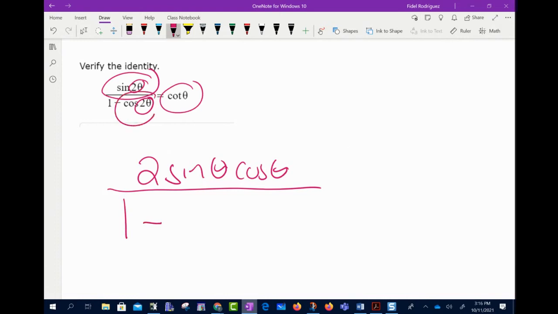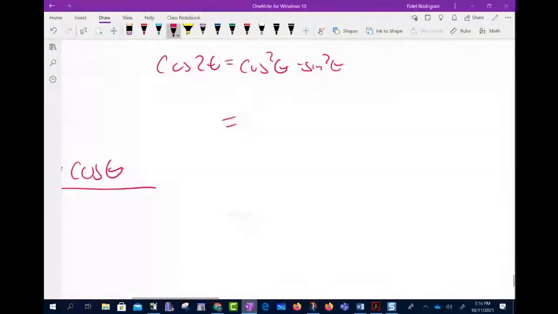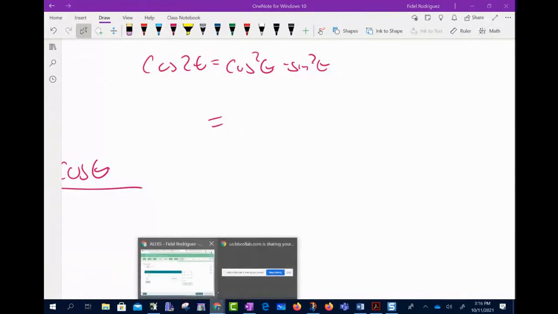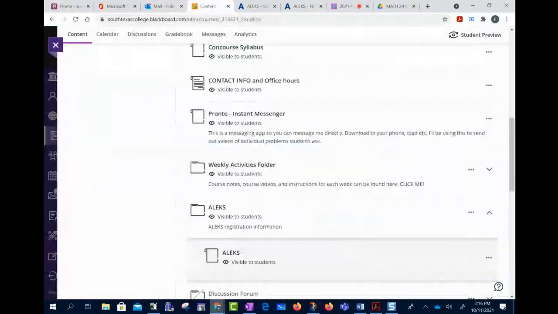Now, we had different formulas for cosine 2 theta, didn't we? So for cosine 2 theta, y'all, we had cosine squared theta minus sine squared theta, and then, do y'all remember the other ones?